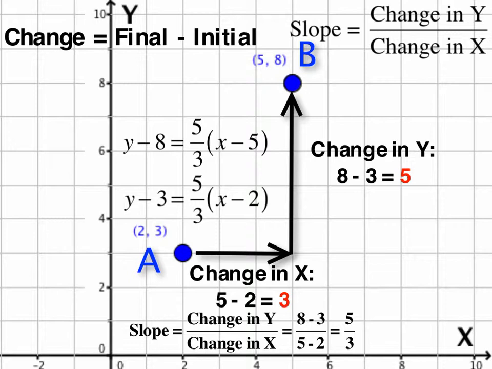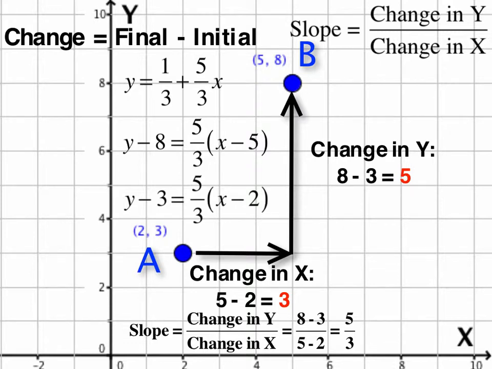But note, if we put either of them into slope-intercept form by solving for y, we end up with y equals 1/3 plus 5/3 times x. So they're the exact same equation, just written a little bit differently. Alright, so we actually found 3 different equations, all of which will have a graph that's the line containing the points (2, 3) and (5, 8).